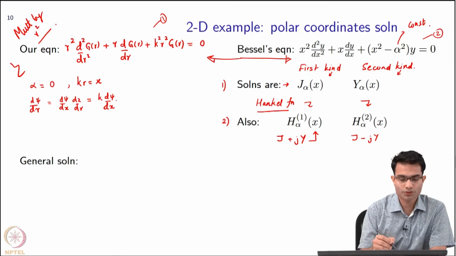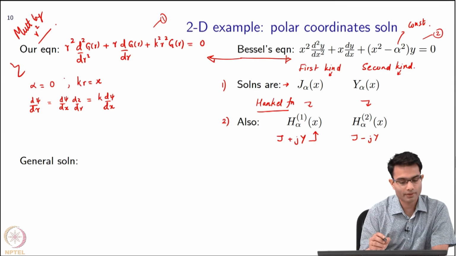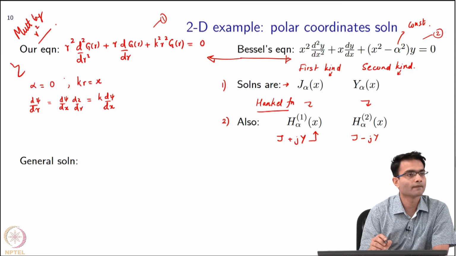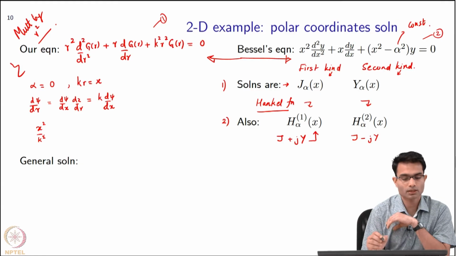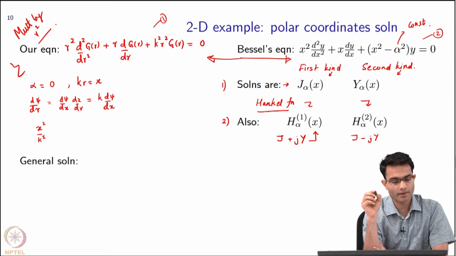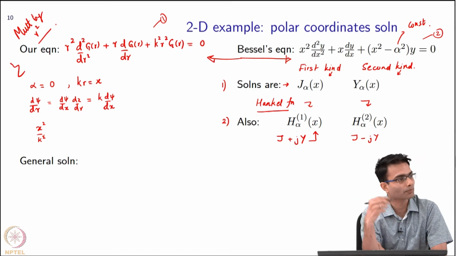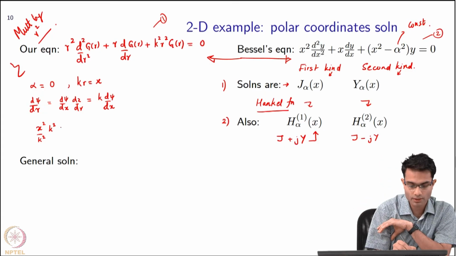Okay, so with that substitution, what will this equation become? First term. So, r will get substituted as x by k, right. So, I have x squared by k squared. Second term becomes, will it become k or k squared? K squared, right, because the second derivative, when I apply this chain rule once again, it will become k squared. So, this will become k squared d2 by dx2 g of, let us just write it as r.